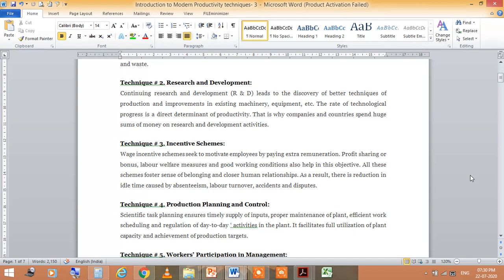Incentive schemes are the third technique which is used for productivity. In this, wage incentive scheme seeks to motivate employees by paying extra remuneration. The profit sharing or bonus, labor welfare measures and good working conditions also help in these objectives. Now another one is the production planning and control.